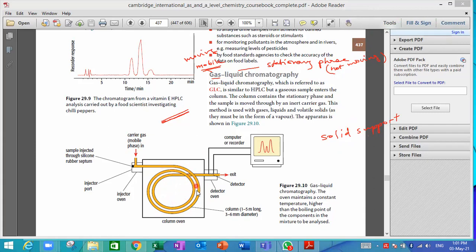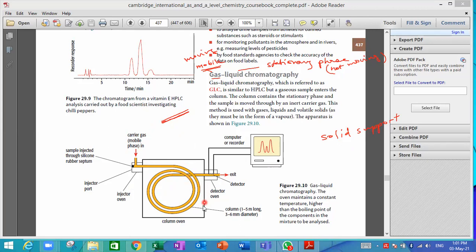So we have to put the stationary phase here. The stationary phase is a liquid. So either we use very fine columns with very small diameters to put our liquid stationary phase in, so that it is as if it is not moving, or else we put a solid material inside here acting as a solid support for the stationary phase, which is a liquid.